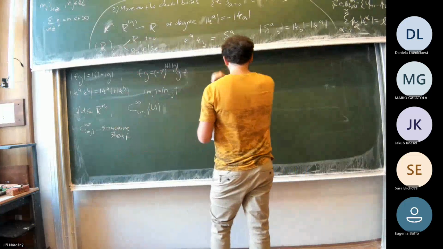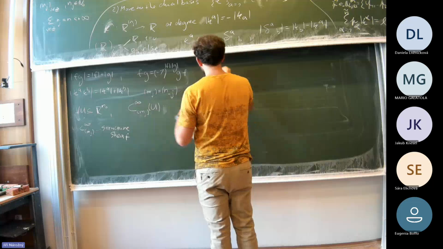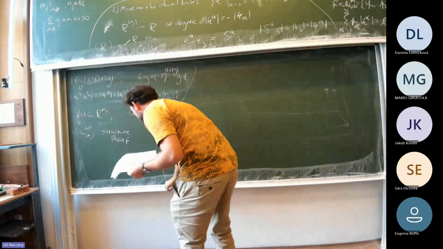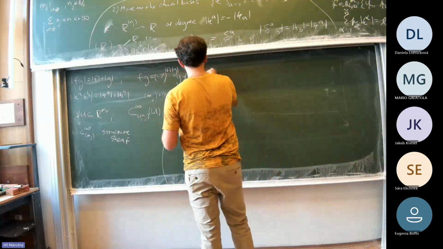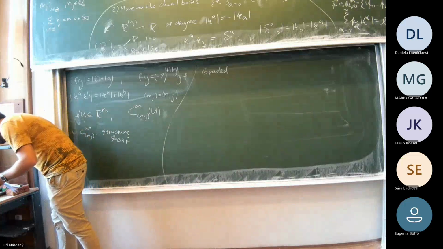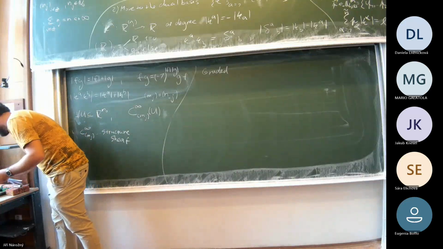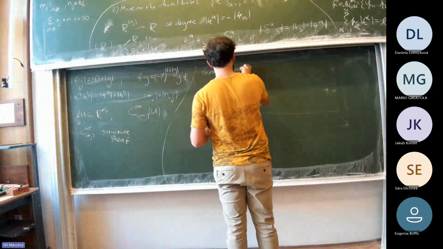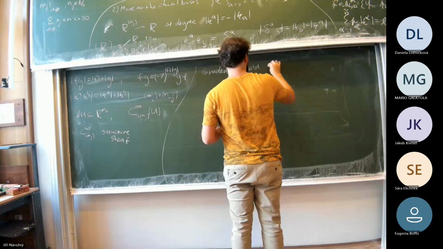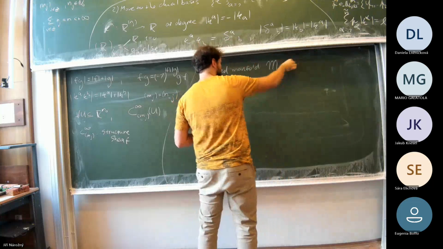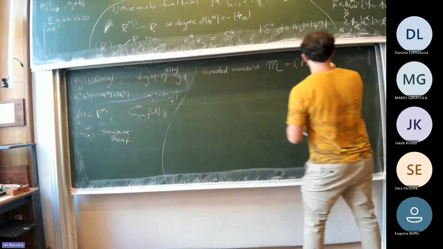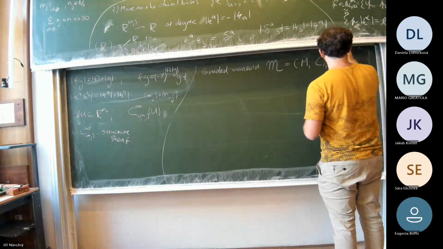So we can, again, for every U, I can now give the full definition of a graded manifold. So graded manifolds will destroy all of these numbers. A graded manifold is now a pair, the underlying manifold M and a structure sheaf.